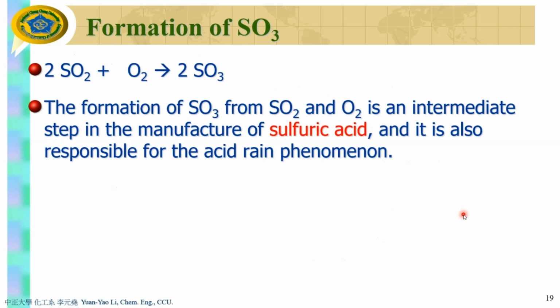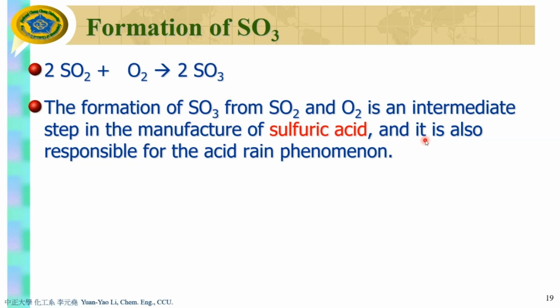Right, so why do we need to form SO3? Because we want to make sulfuric acid, 硫酸. We need to make sulfuric acid through this equation. The formation of SO3 from SO2 and O2 is an intermediate step in the manufacturing of sulfuric acid.